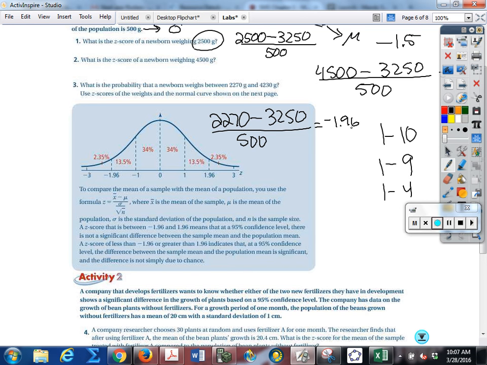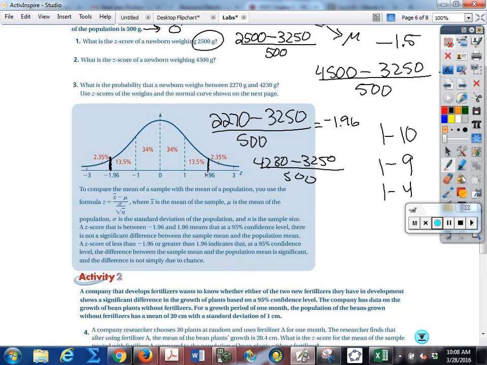And if you do this one, 4230 minus 3250 over 500, it ends up being 1.96. So the probability that a newborn baby weighs between this z-score and this z-score, they're right on them, I can just look right here at the percents, which is nice because it did.